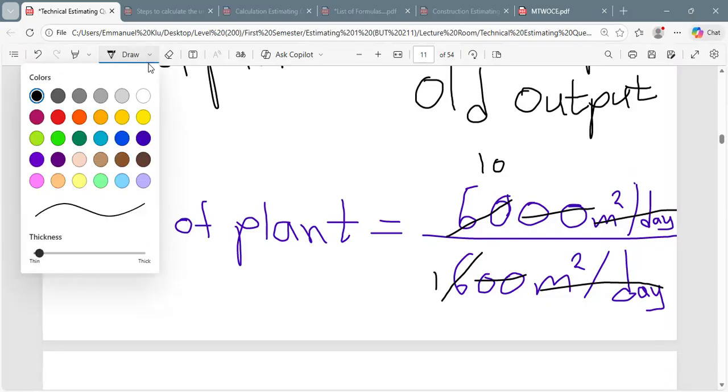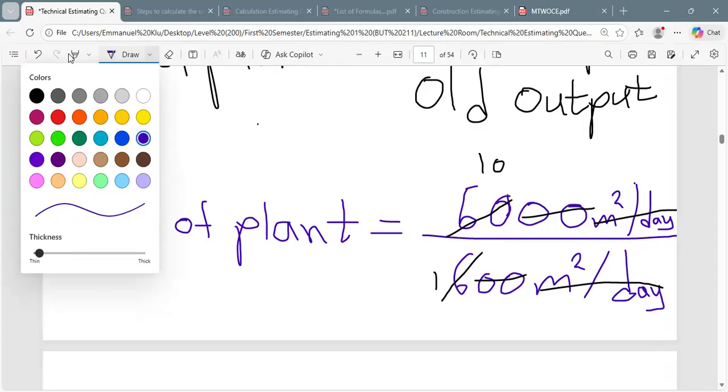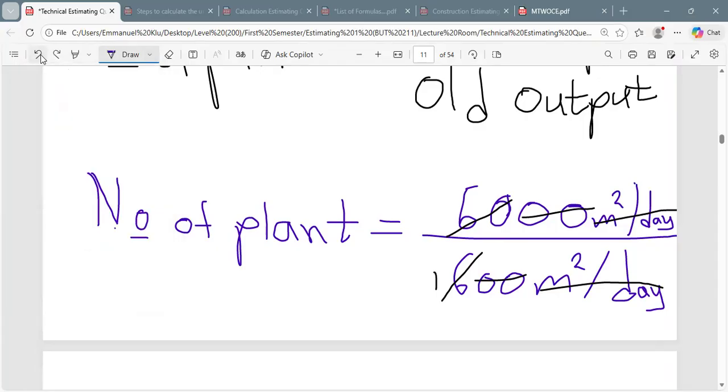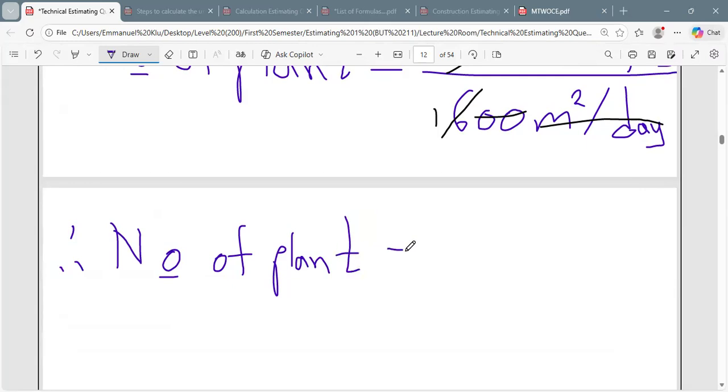Finally, we can say that therefore the number of plants is equal to 10 plants.